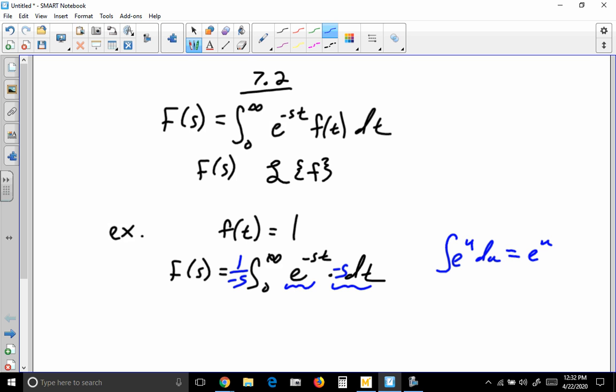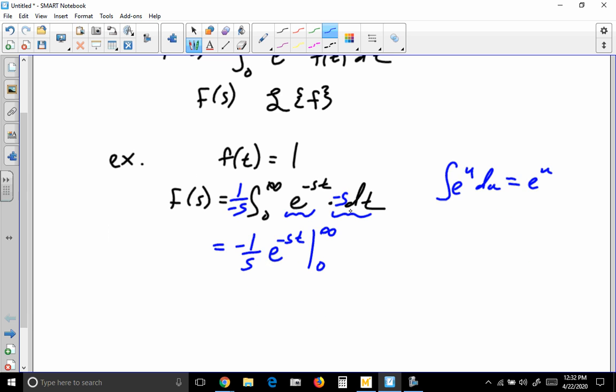So when we integrate that, we have our negative 1 over s out front. The integral of e to the u is e to the u, and we're evaluating that from 0 to infinity. Now remember, this is an improper integral. So really when we're integrating to infinity, we're taking the limit as n goes to infinity, and we're replacing infinity with n.